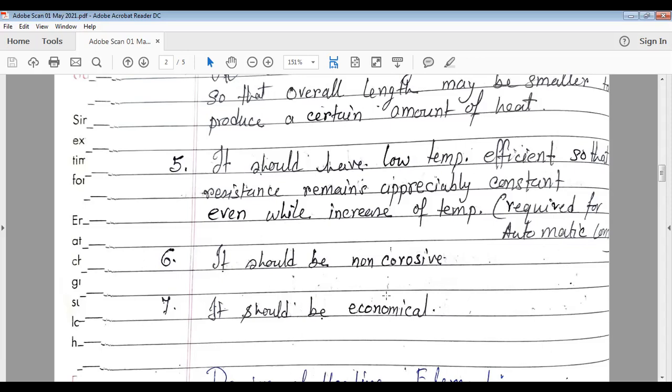But nowadays induction heating is coming to the market, and it is used for boilers and for small purposes, say welding.